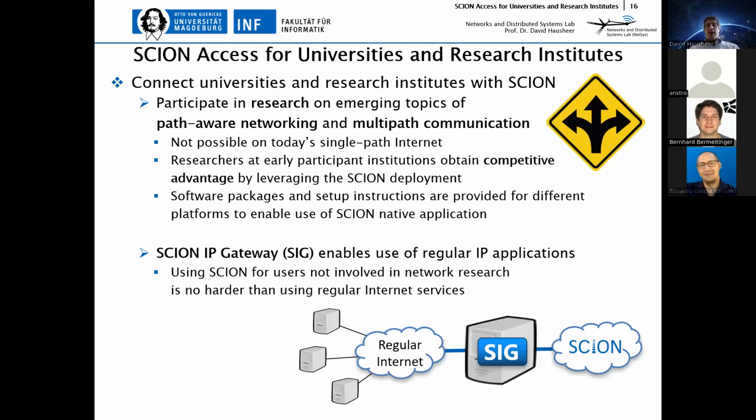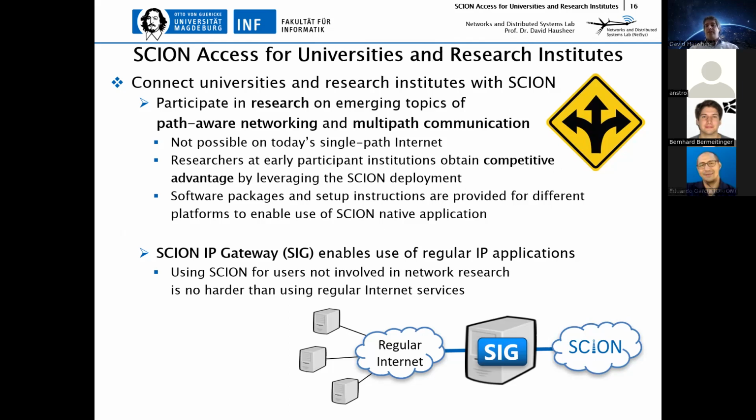Now, after this initial overview of the current SCION deployment within GÉANT, you may ask yourself, what can I now do with this deployment as a university or research institute who is interested in SCION, or as an NREN willing to join this infrastructure?